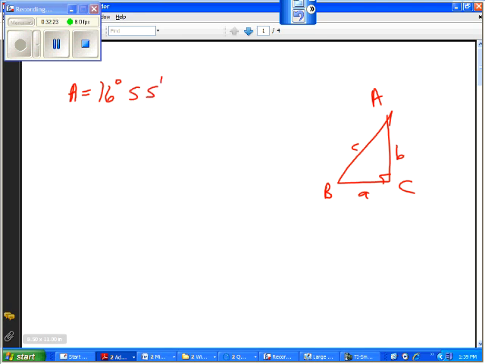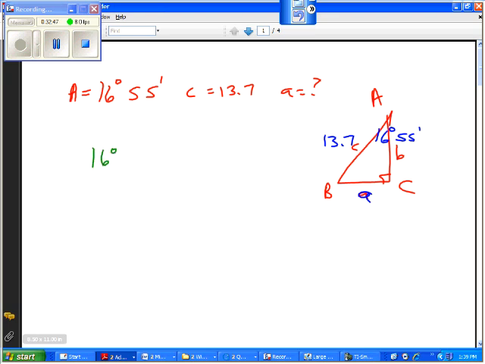We've got that C is 13.7. And we want to find little a.